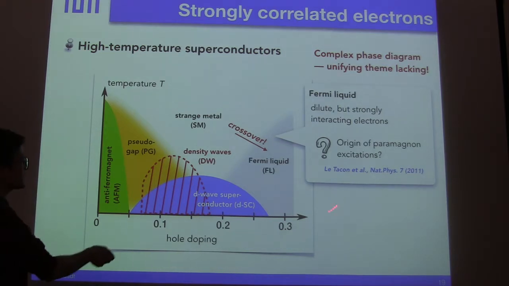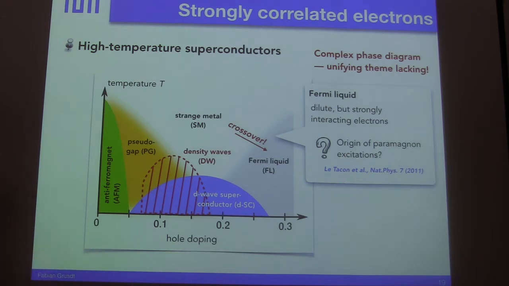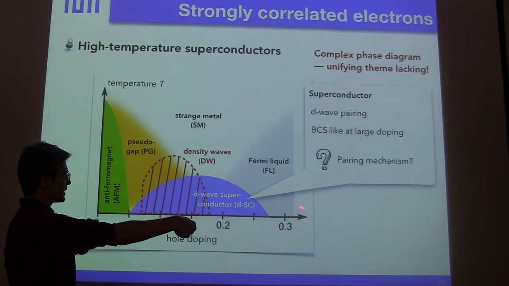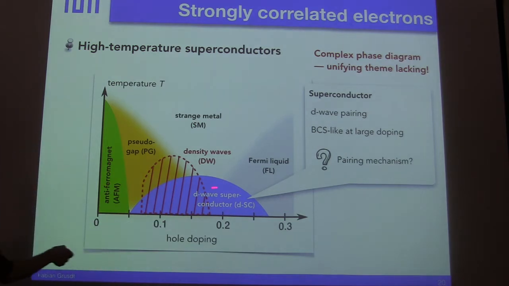So this side of the phase diagram is believed to be much better understood, but still there are some interesting questions about what exactly the effect of the interactions is and how we can understand that. And finally, of course, there are the high-Tc superconductors. Again, if you approach this dome from the high doping side, it's not as unconventional as one might think, and the BCS description is not so bad.